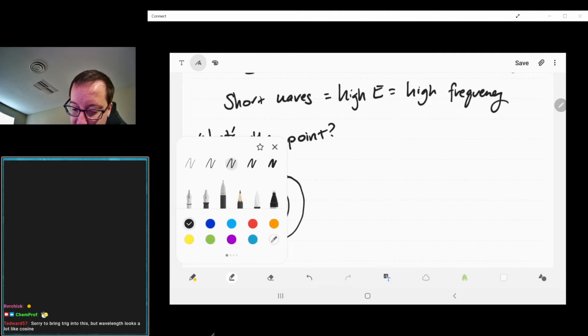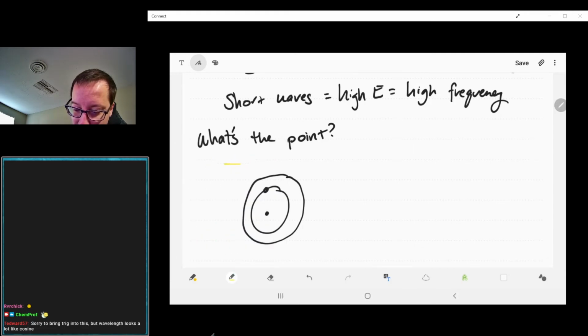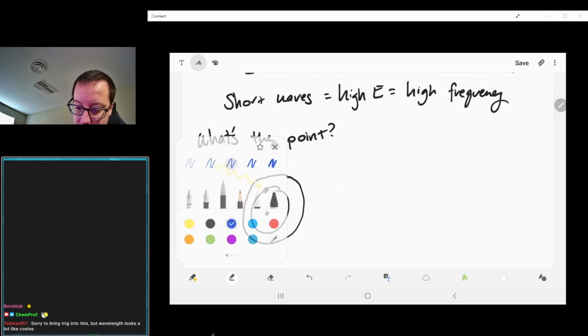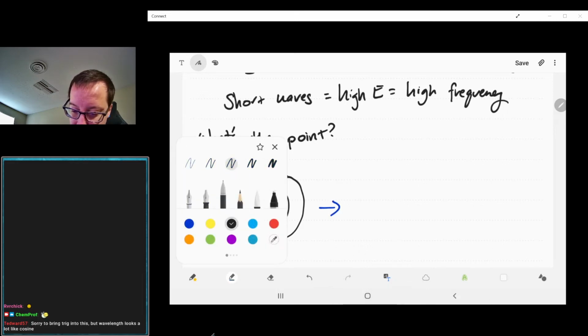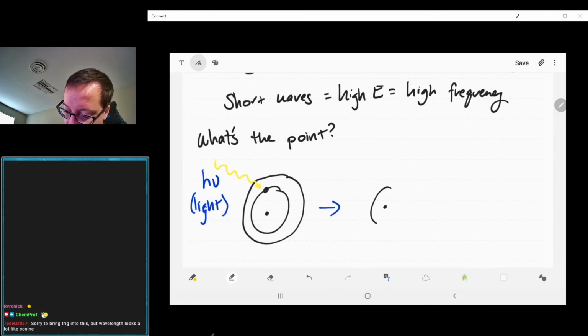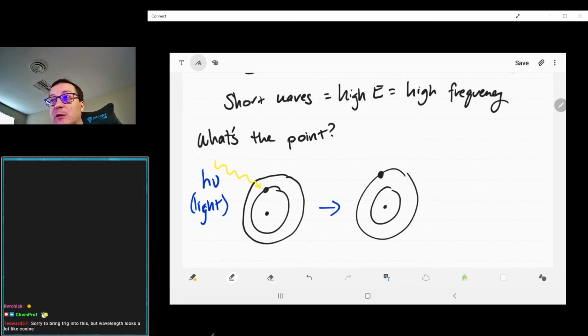It turns out that if you zap this electron with light, which we often write as h nu, what happens is you end up moving your electron to a different orbital.